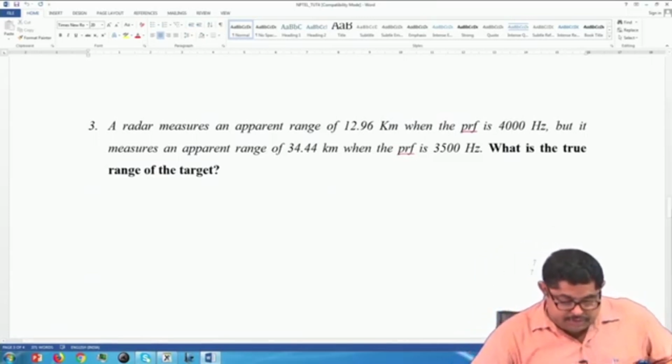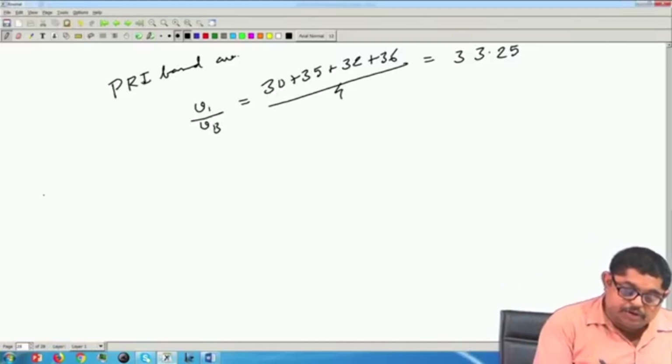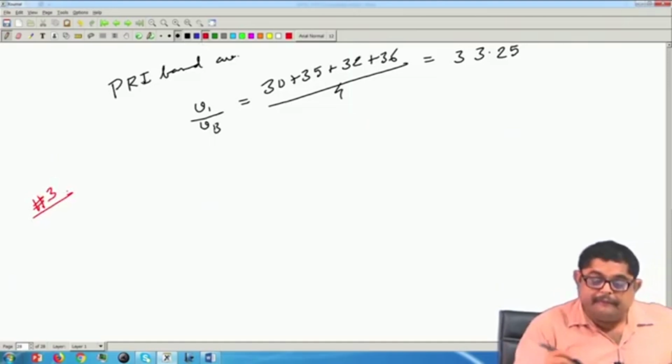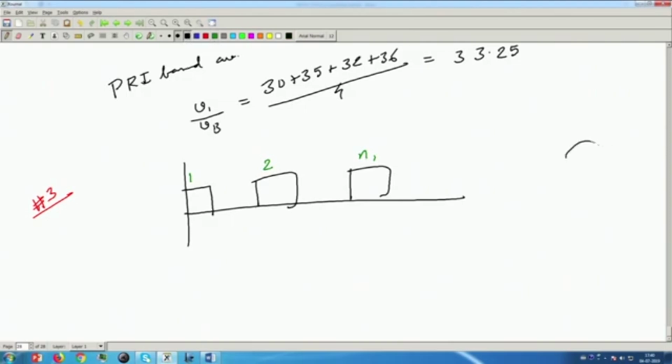So, I will say that problem 3. So, basically the scenario is like this: your radar is sending, so I can name them, that let us say this is 1, this is the second pulse, this is the N1 pulse, and I have the target here.